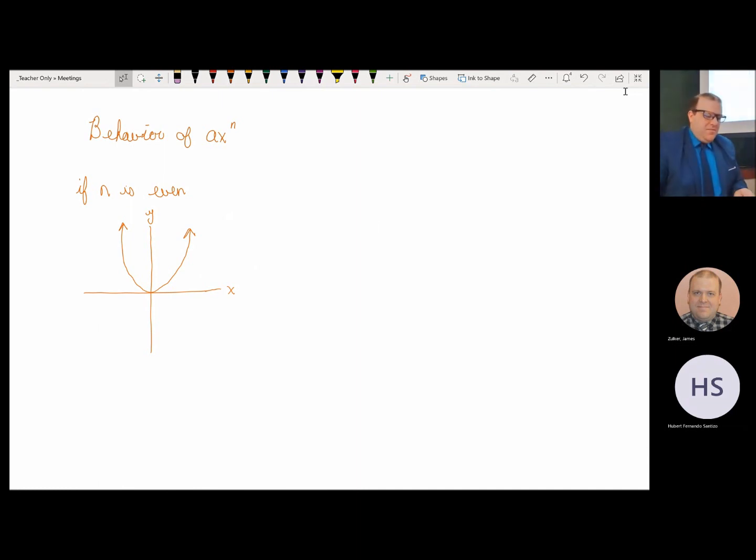You scroll up all the way to the top, and it's f of x equals a_n x to the power of n. That's the form of a polynomial, yes.